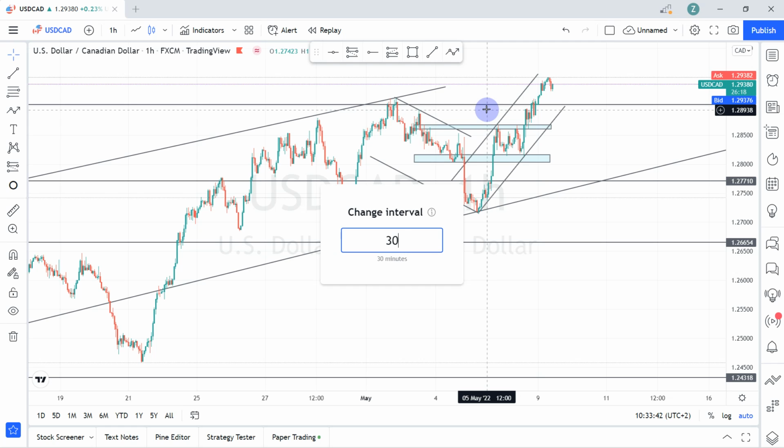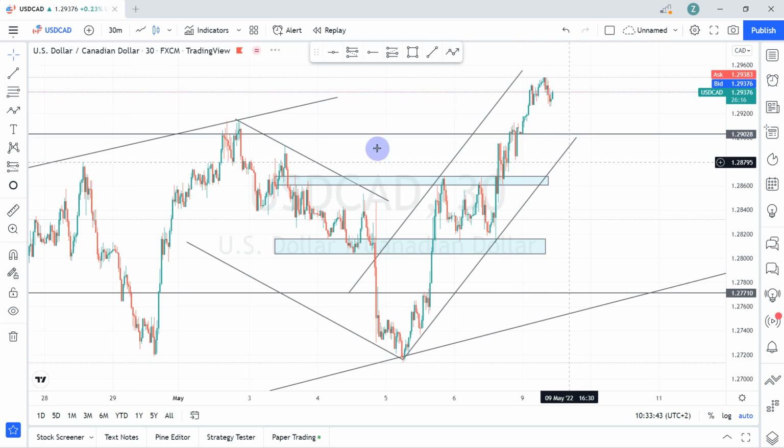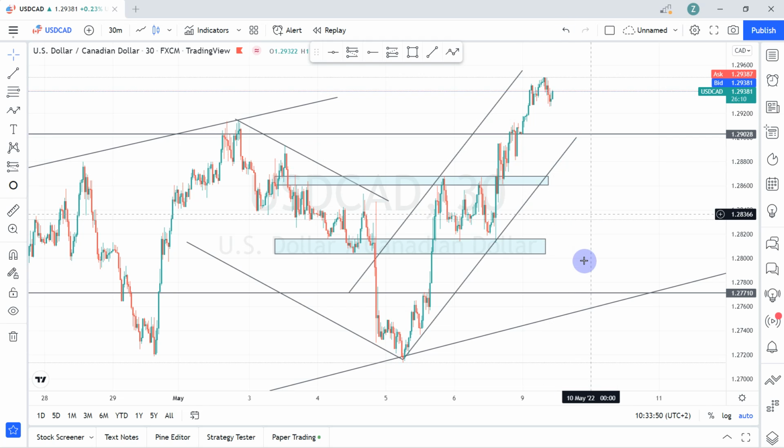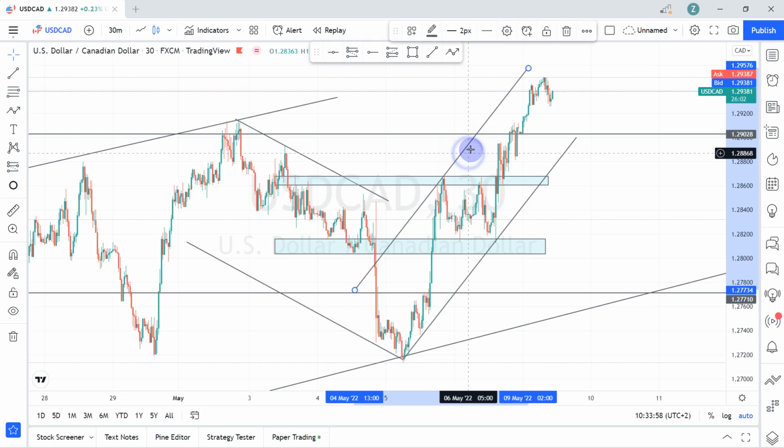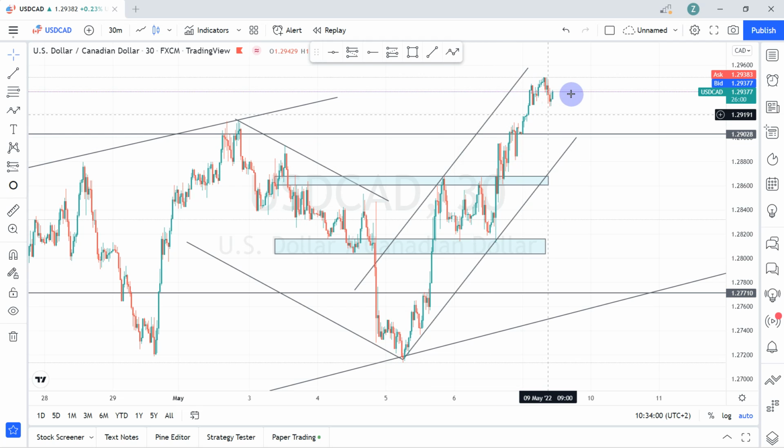So let's go to the 30-minute time frame. On the 30-minute time frame, we're looking to see whether the market is going to continue to the upside or reverse. If it reverses, it's going to give us reversal patterns. If it continues to the upside, it's going to give us a continuation pattern.